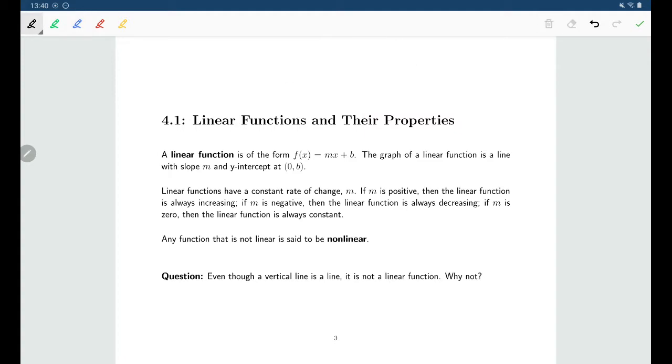If you were to graph a vertical line and then draw a vertical line through that graph, it doesn't just pass through one point, it passes through all of the points. So a vertical line would not be a function, and because it's not a function, it can't be a linear function.